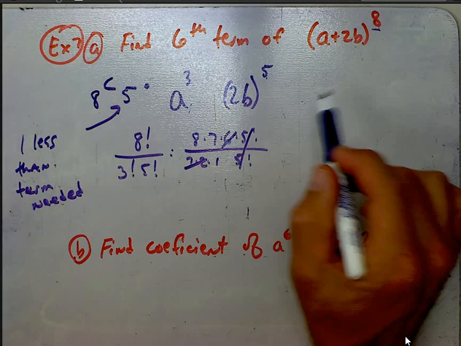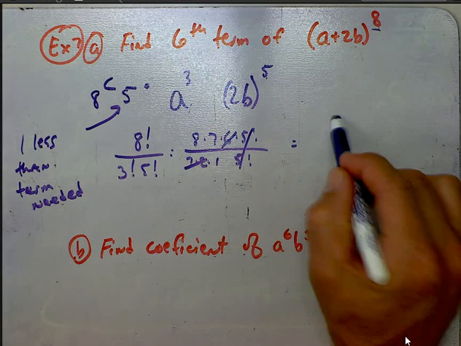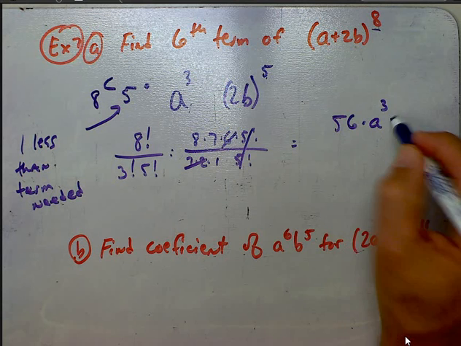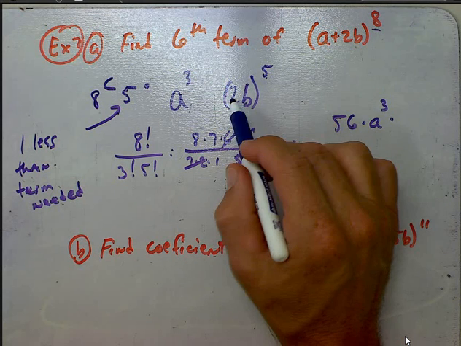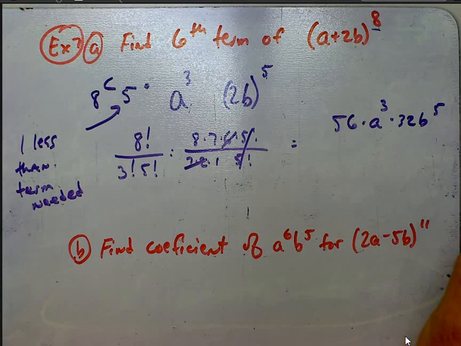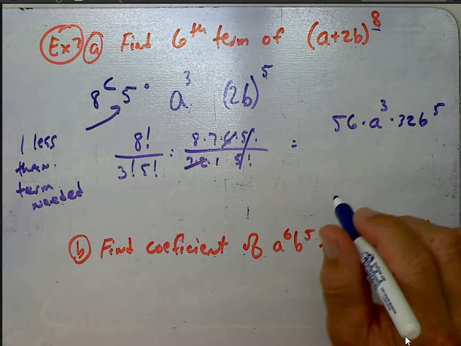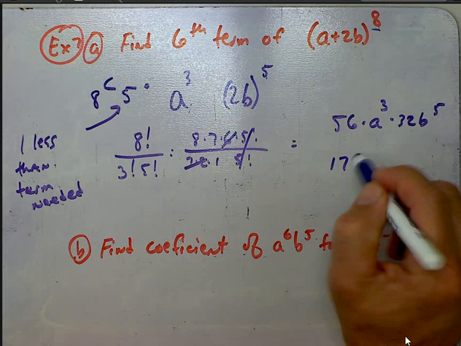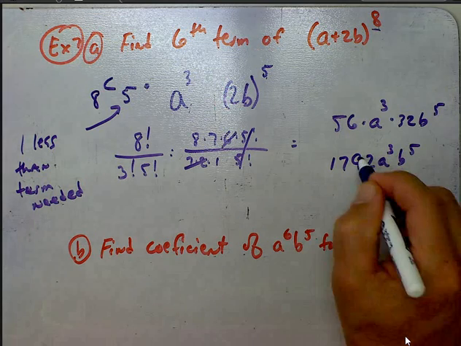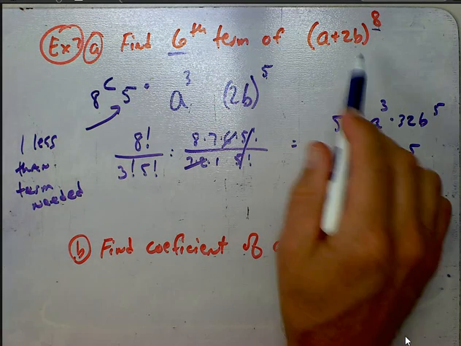So 8 times 7 is 56, times a to the third, times 2b to the fifth, 2 to the fifth is 32. And so now I take 56 times 32, and I get 1,792 a cubed b to the fifth, and that is the sixth term of that binomial expansion.